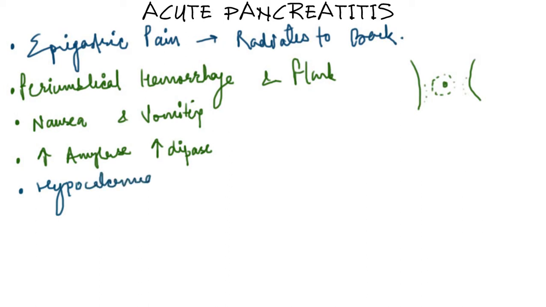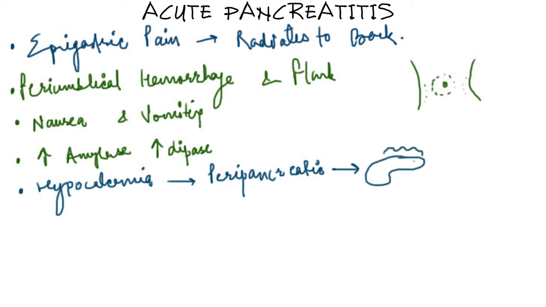As a result of the destruction of the pancreas, there is also a destruction of peripancreatic fatty tissue, because the pancreas is surrounded by fat. As a result of the destruction of fat, there would occur a process called saponification.